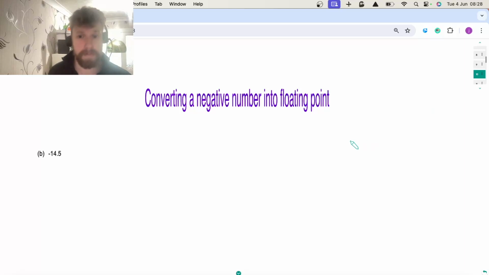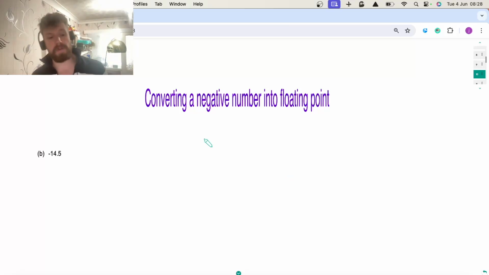Converting a negative number into floating point. So we just have to go through a couple of stages on this one. It's just an extra step. Once you've converted it into fixed point, you just need to 2's complement it, and then make sure that the decimal point goes between the 1 and the 0 there.